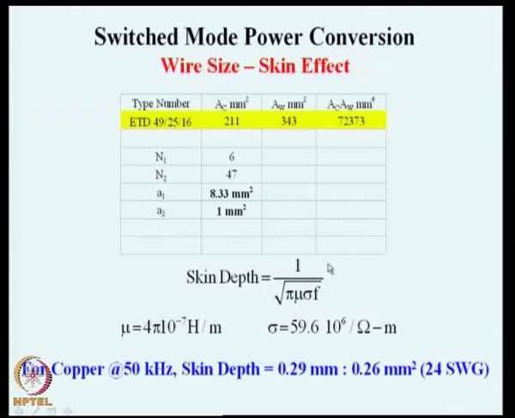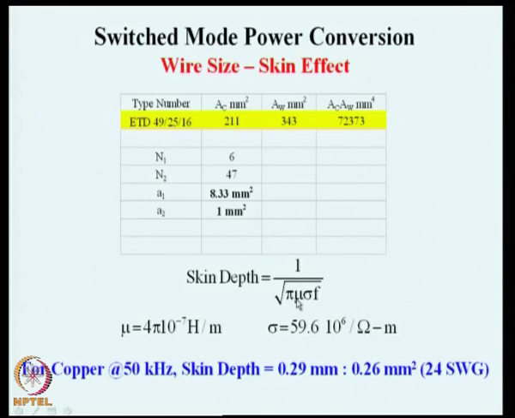It is as if only the skin of the conductor is carrying the current, and the core of the conductor is not carrying the current, and this effect is known as skin effect, and there is a mathematical relationship between the skin depth and the various properties of the conducting material.